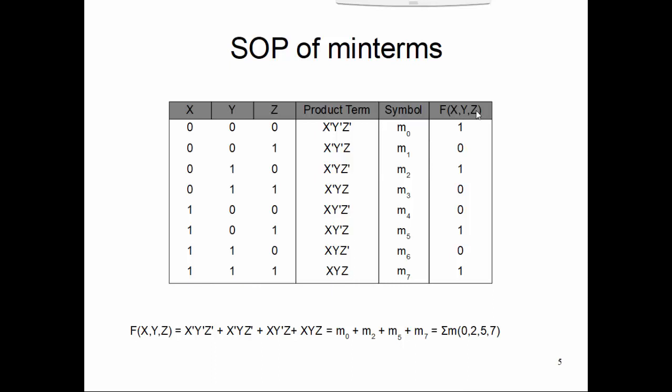If I had written something like f z x y, these symbols would change, because I would be writing the number values in the sequence of z, x, y. So different combinations would get different names. That's what I mean. Once you start writing these minterm symbols, please pay attention to the sequence of variables in the function definition. What is the sequence: is it f x y z or z y x?